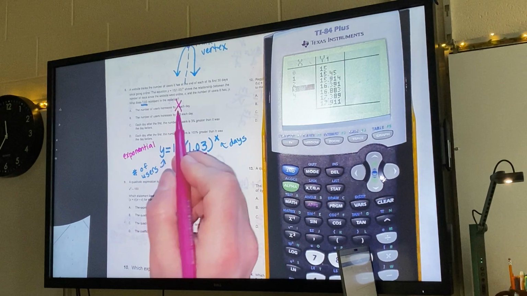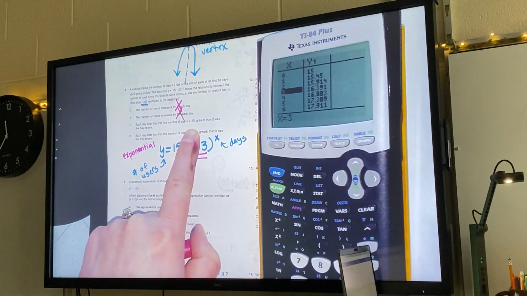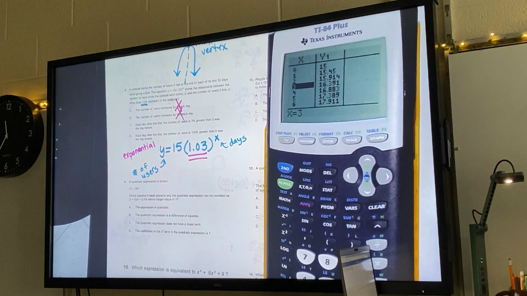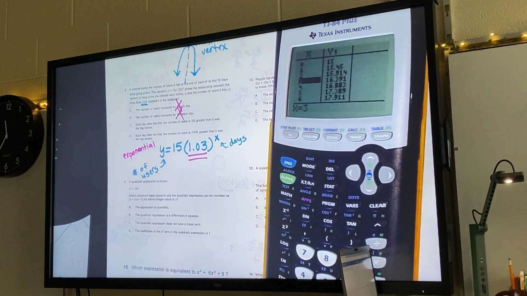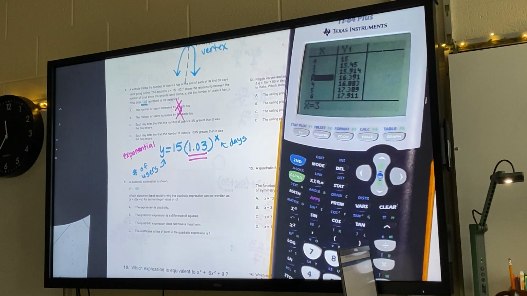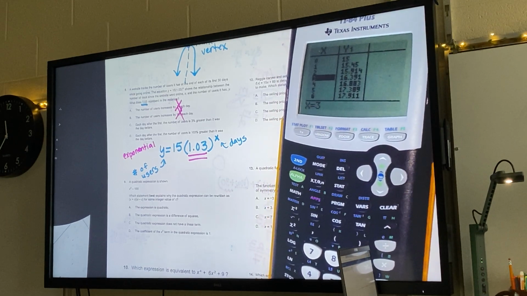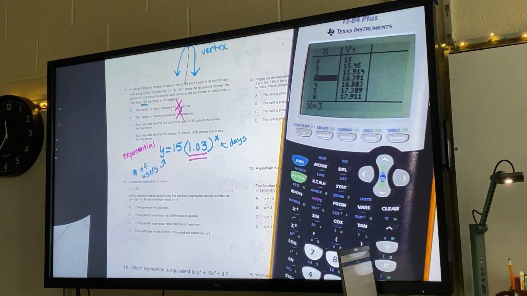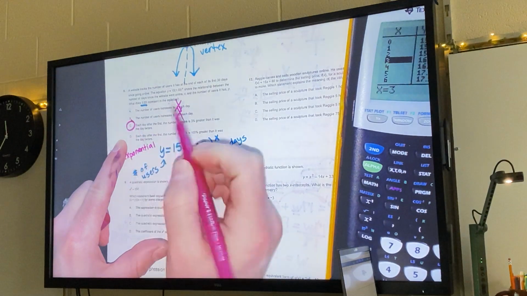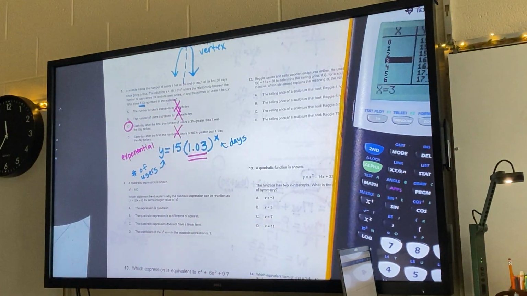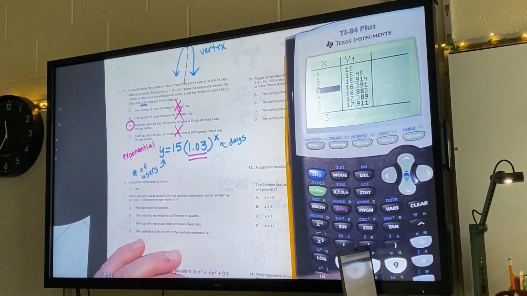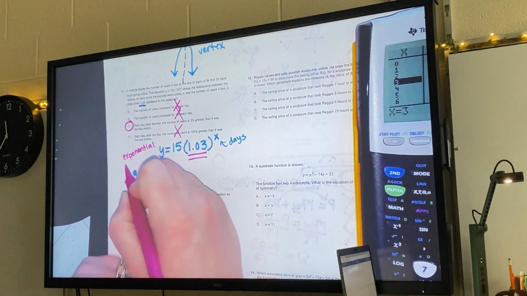No. Good. So we're down to 3% or 103%. Is it increasing 3% or 103%? 3%. So the answer would be C. Good. And this would be exponential growth, right? Exponential growth.